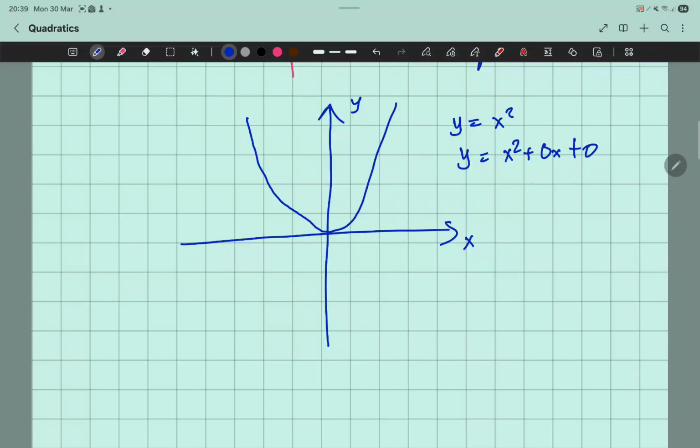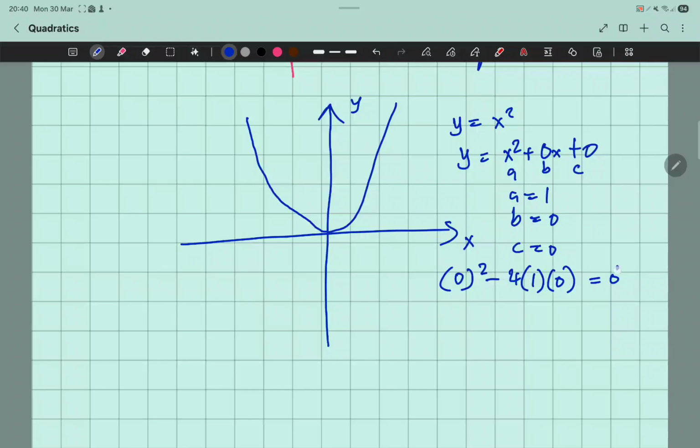So let's find its discriminant. This is a, this is b, this is c. For a we have 1, for b we have 0, for c we have 0. So b squared is 0 squared minus 4a, a is 1, c is 0.